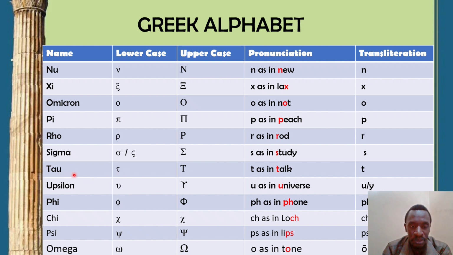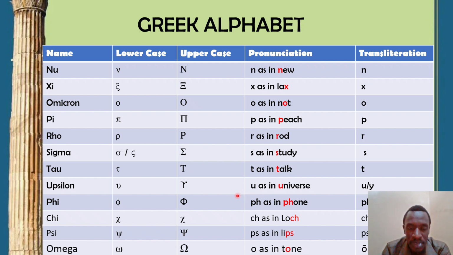Another letter that we have is tau. Tau is written like T, and it has a T sound, and it is transliterated as T. Then the next letter is upsilon. Upsilon is a bit written like U, but not really like U, and it has a U sound like in universe.